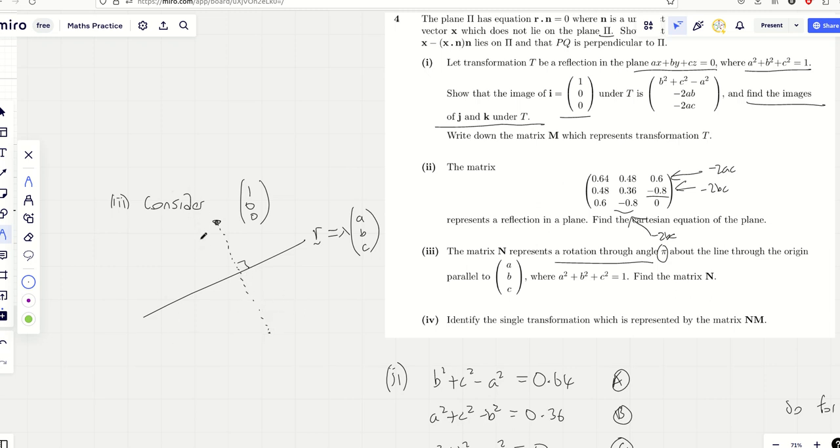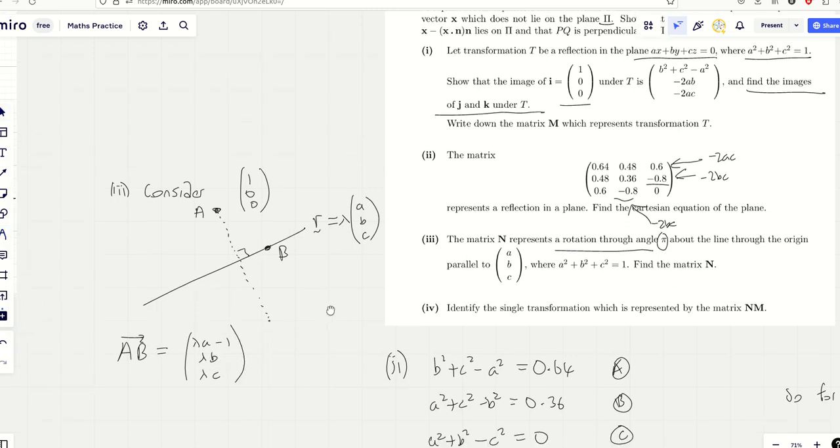Now, how do we get from this point, let's call it A, up to the line, where the point on the line is B? The general vector AB is going to be OB minus OA, so you get lambda A minus 1, lambda B, lambda C.